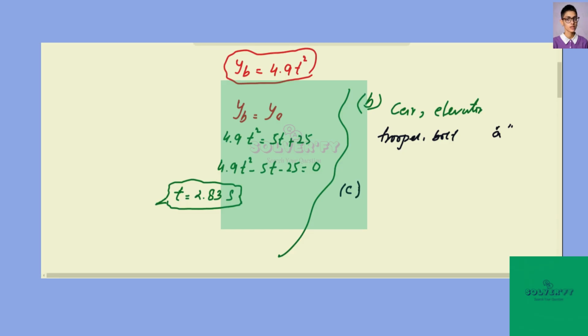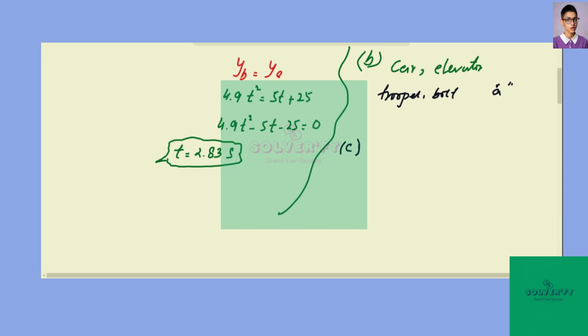Now in the C part, first we will calculate the height that is covered by the bolt before hitting the elevator. We will take the relation yb equal to 4.9 t square, as we have t equal to 2.83 second.